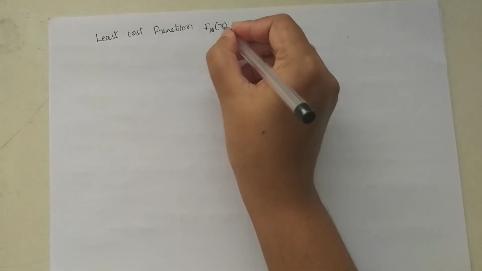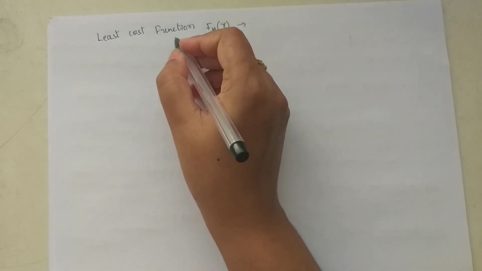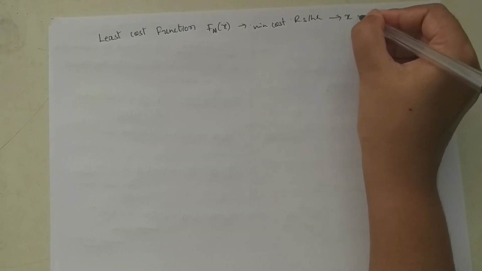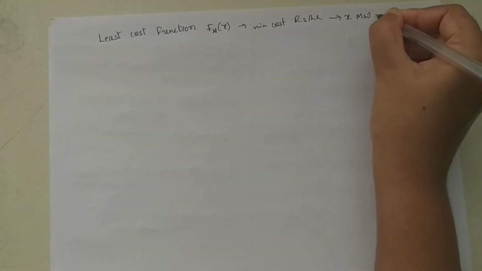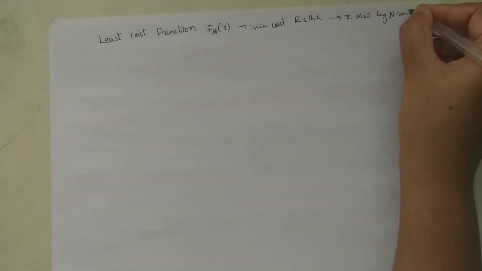Let fn of x be the least cost function, defined as the minimum cost in rupees per hour of generating x megawatt by n units.